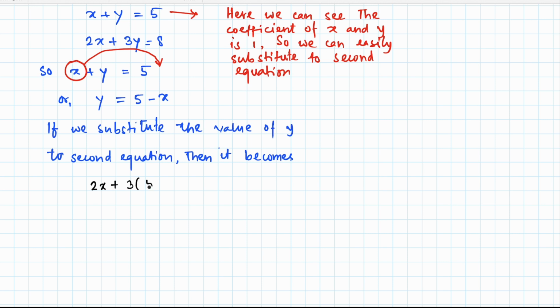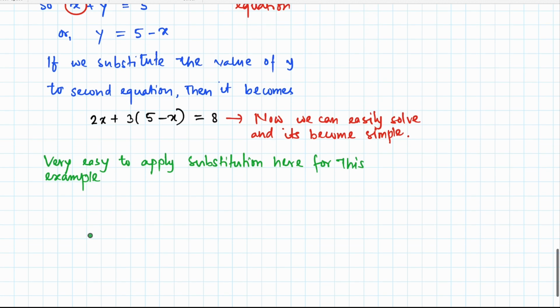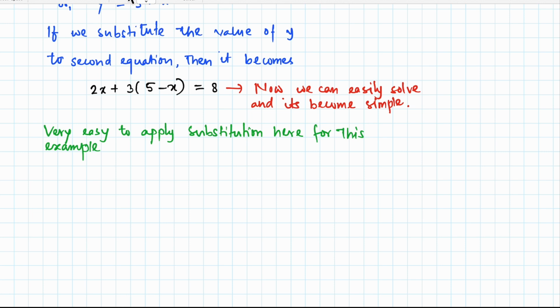So 2x plus 3 times (5 minus x), we are replacing y with 5 minus x, equal to 8. Now we can easily solve, and it becomes very simple. So we have shown you when one of the equations has variables with coefficient 1, it is very easy to apply substitution for this kind of example.